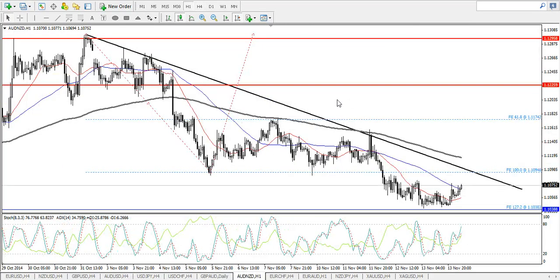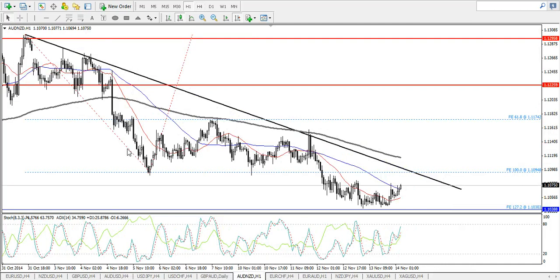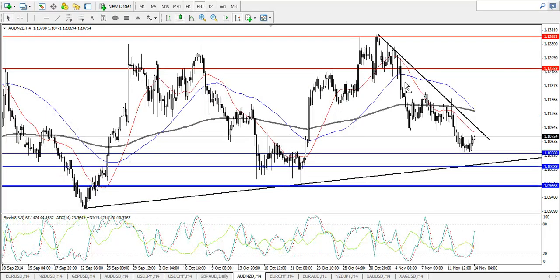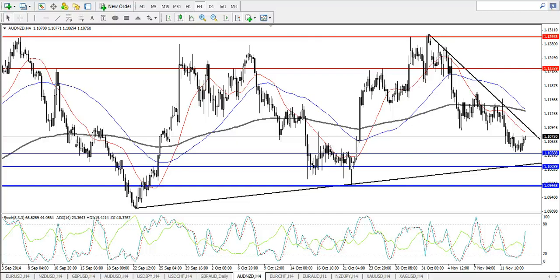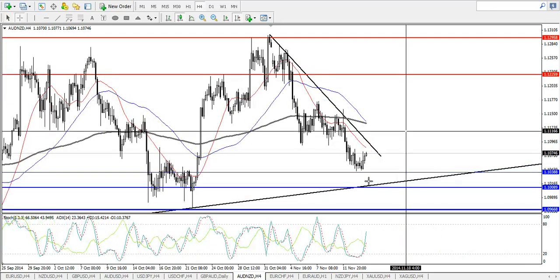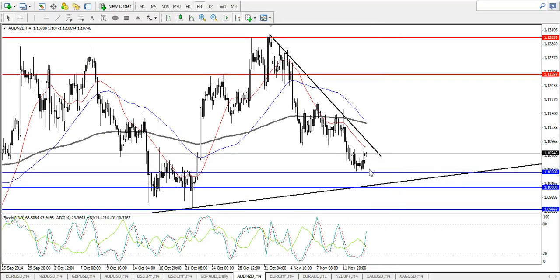The Australian dollar against the New Zealand dollar is another thing we shall look at. Back to the 4-hourly chart, there is an ascending triangle, as you can see. It goes down, comes up, goes down, comes up, supported by a rising trend channel, so that forms an ascending triangle, and price is about to reach the bottom.